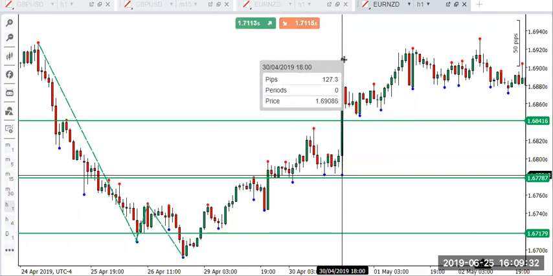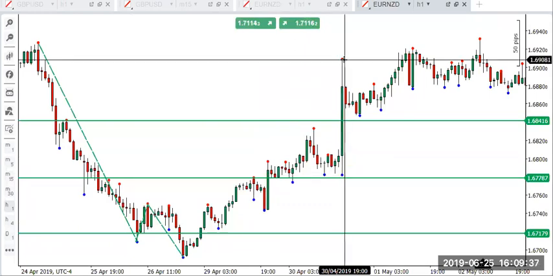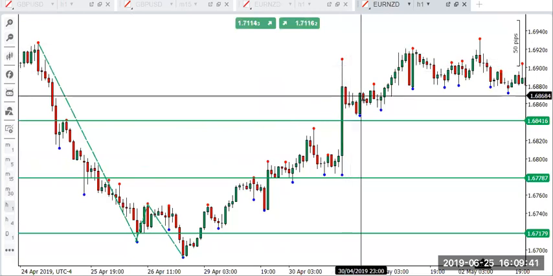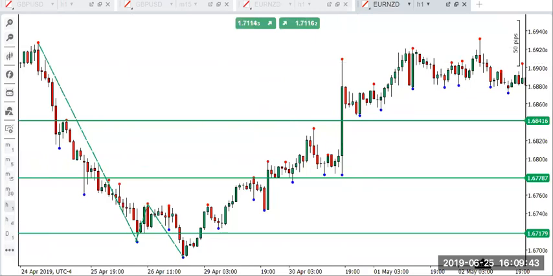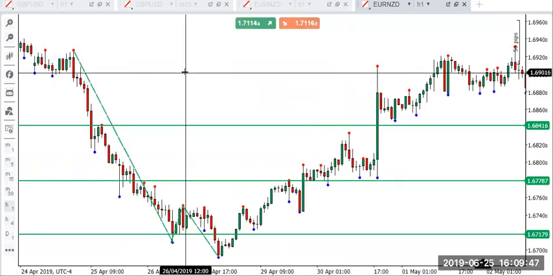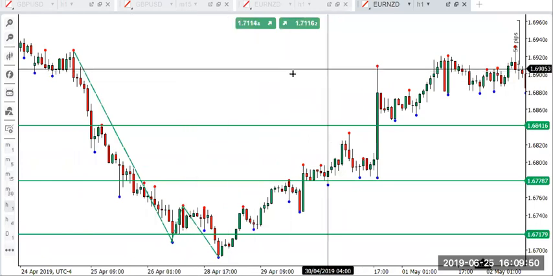Boom. One bar, 126 pips. TP. Look at that. Pull back a bit. TP. And I want to show you something. Let me go across here. TP. Now, look at this.